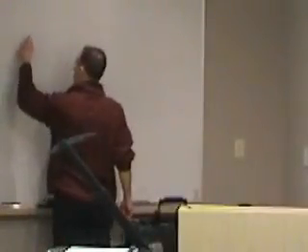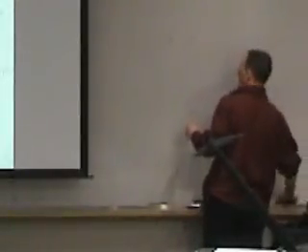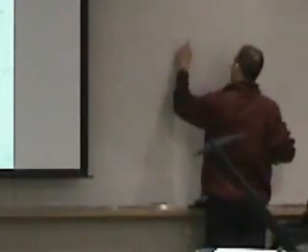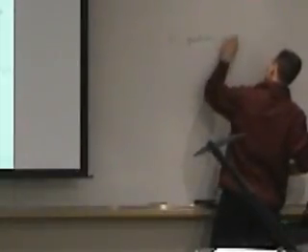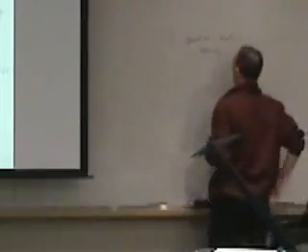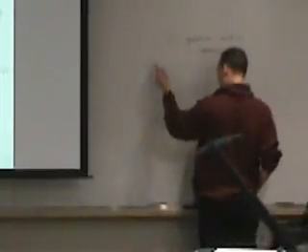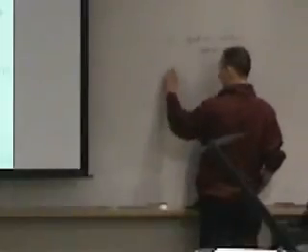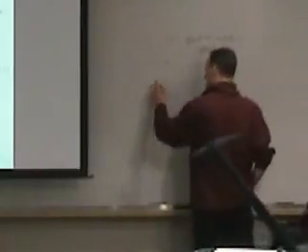So let's say you have a metric space Z, a geodesic metric space. Any two points in there are joined by a geodesic whose length is equal to the distance between the points.